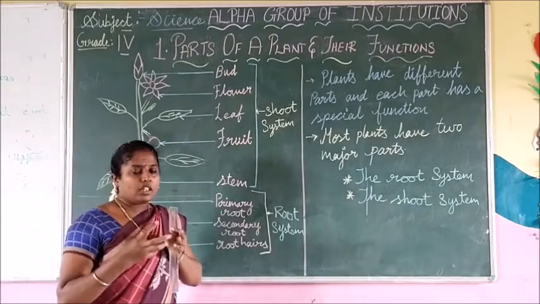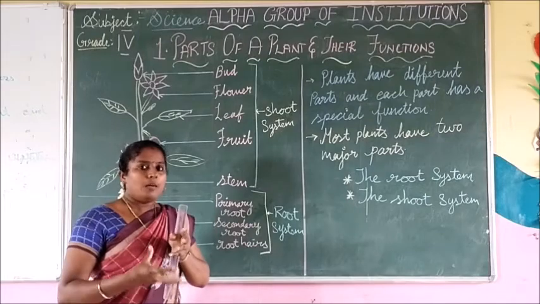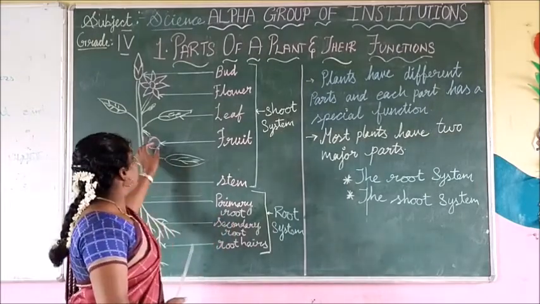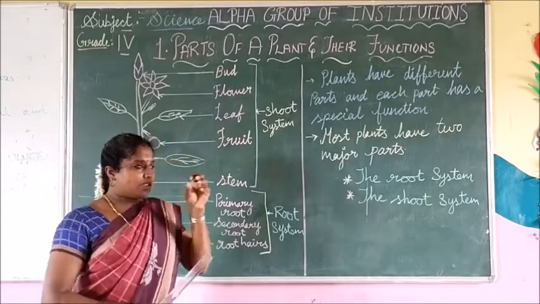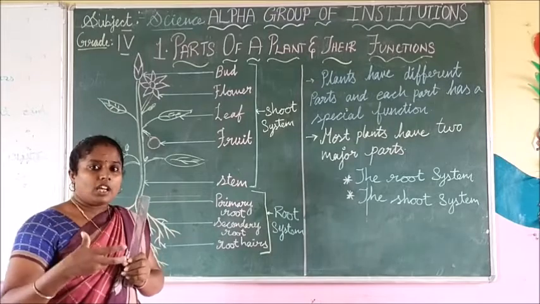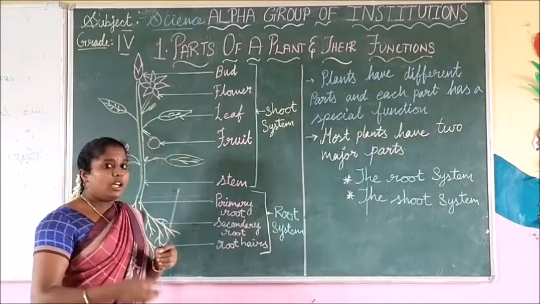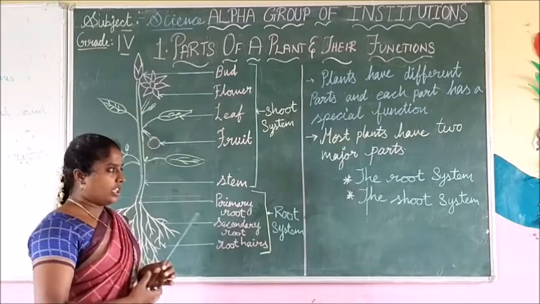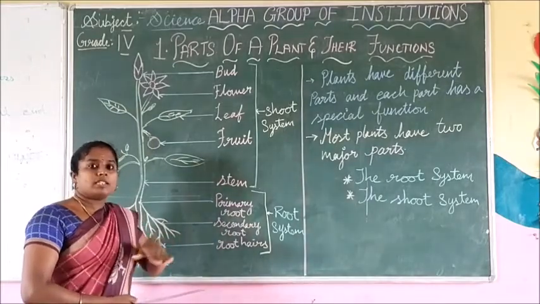These are the basic parts of the plant. If we take the fruit, flower, or leaf, we can find many parts in each. Now we are seeing from the basics.